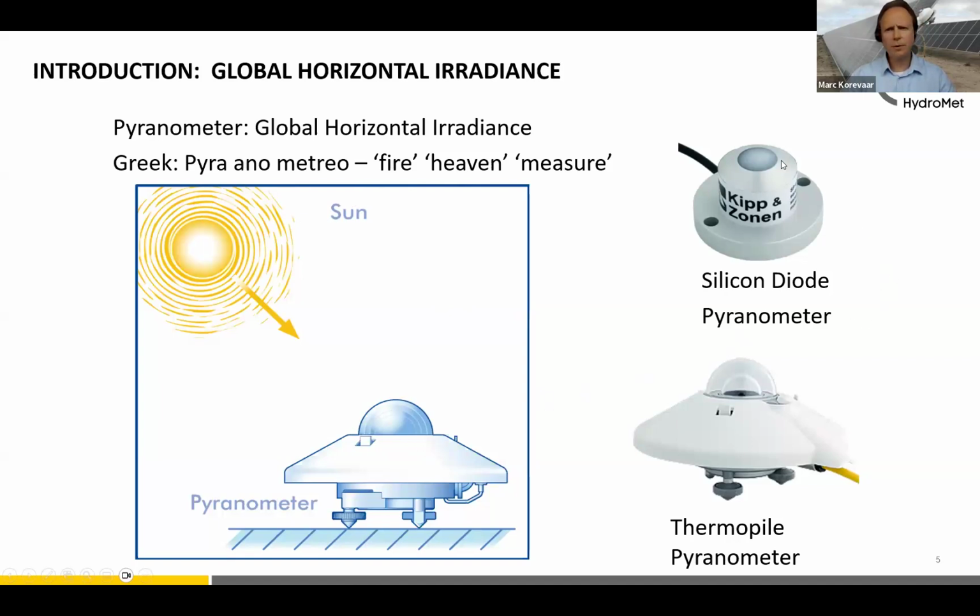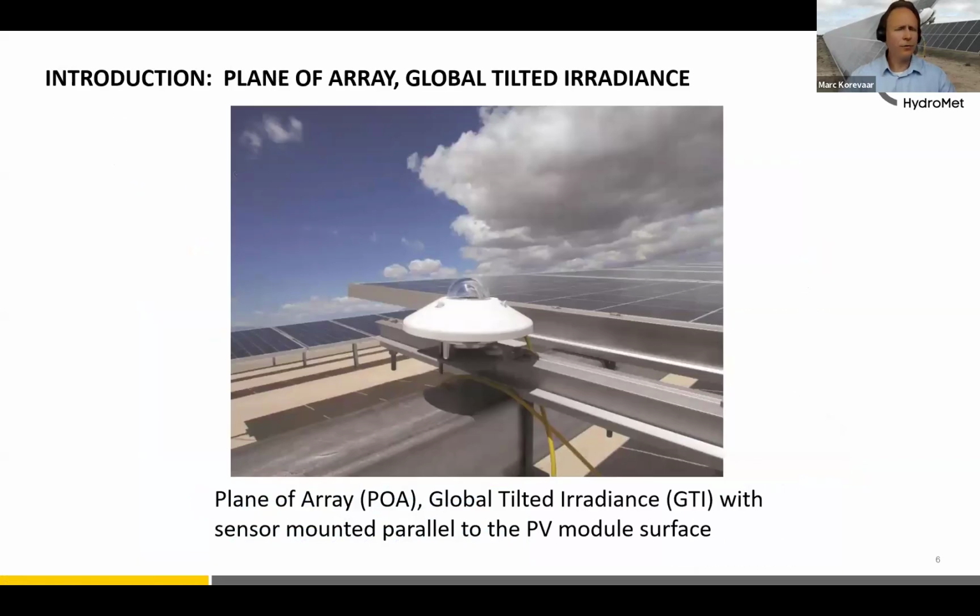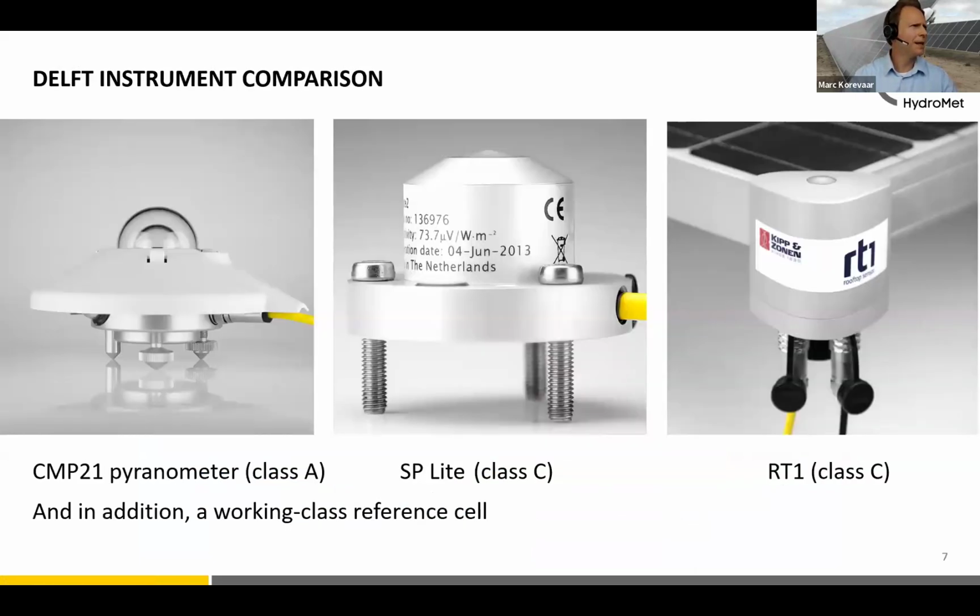You have variants which use a silicon diode for measuring the irradiance, or the thermopile, the higher classes of pyranometers. And often in a photovoltaic plant, you see them mounted plane of array, or sometimes referred to as global tilted irradiance, to measure the irradiance that falls on the surface of the PV module.